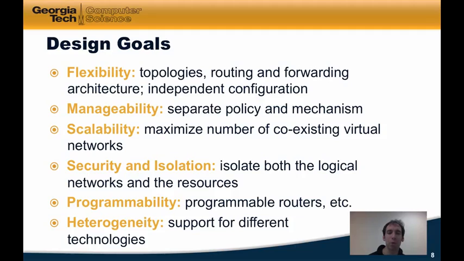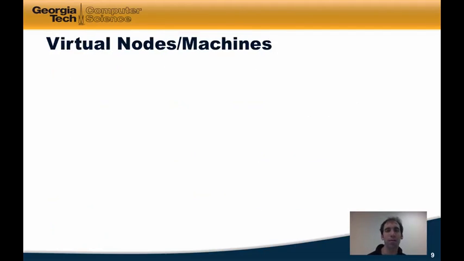Virtual networks should be programmable. That supports the goal of customizability, and they should also support many different underlying technologies. The idea being that a logical network, in some sense, should not need to be aware of the underlying physical infrastructure that supports that logical network.